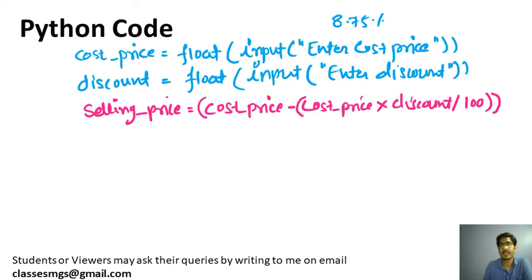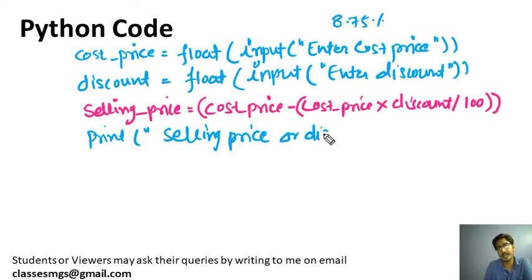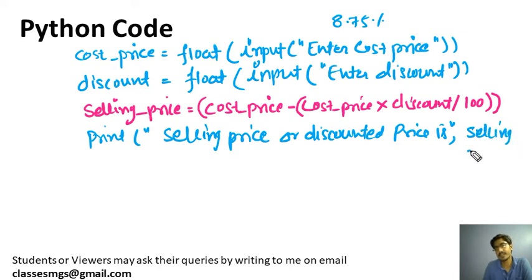Now you need to print the selling price, or discounted price. The selling price means the discounted price, selling_price. You will close this, and here it is. So this is the Python code for calculating the selling price.